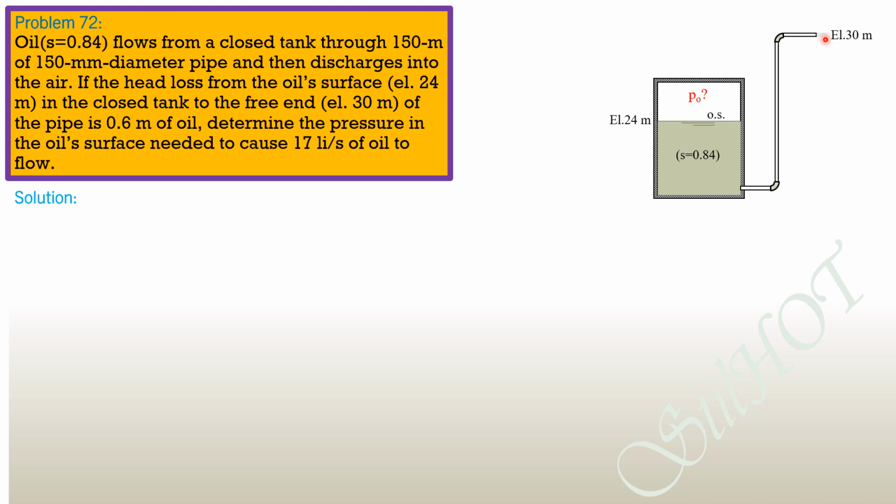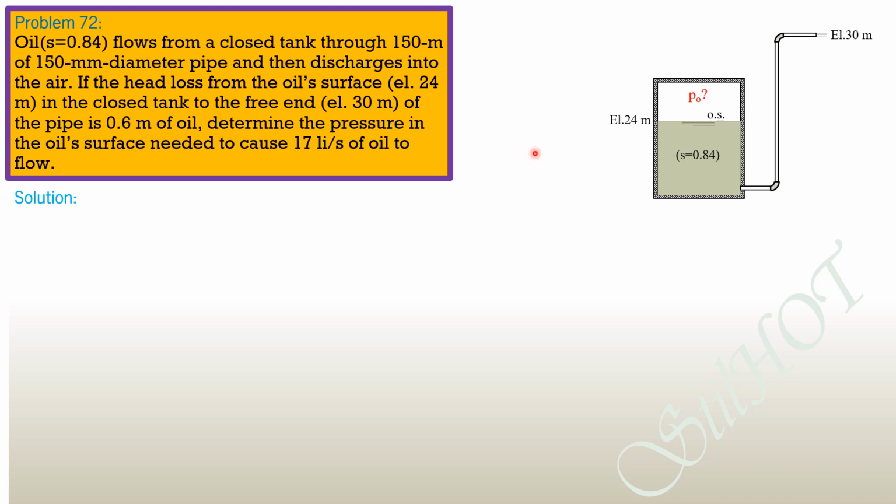And this pipe end is at elevation 30 meters and the discharge is 17 liters per second to find the pressure in the oil surface in the tank. And the head loss is equal to 0.6 meters of oil.